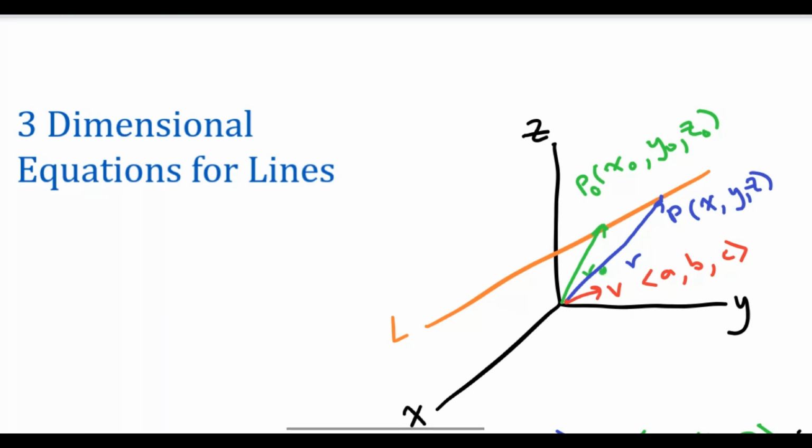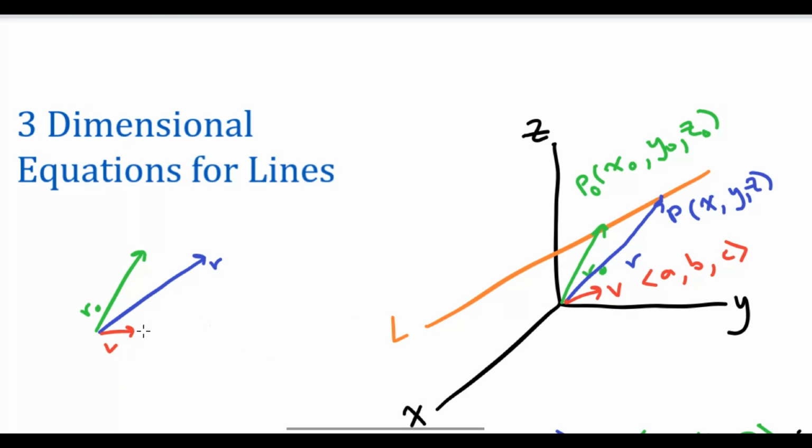Now, how do I take these 3 vectors r0, r, and v and create an equation relating all of them together? If we isolate these 3 vectors, I have a diagram of r0, and this is r, and this is v. By vector addition, we know that the sum of 2 vectors is a diagonal of the parallelogram formed when we connect the 2 vectors together.